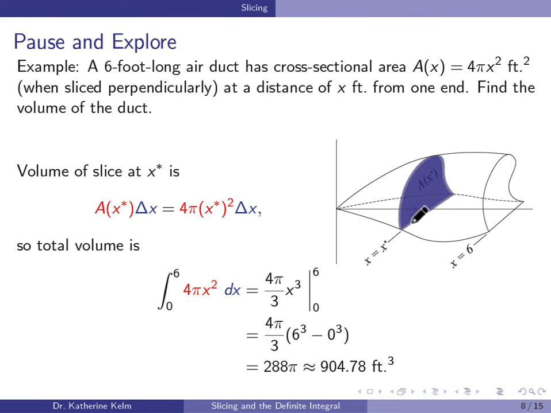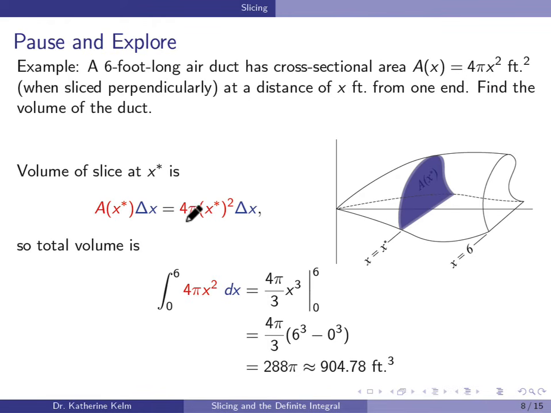The volume of the slice is the cross-sectional area times delta x. We are given a formula for the cross-sectional area, so at x star, it is 4 pi x star squared. So the volume of the slice is 4 pi x star squared delta x.